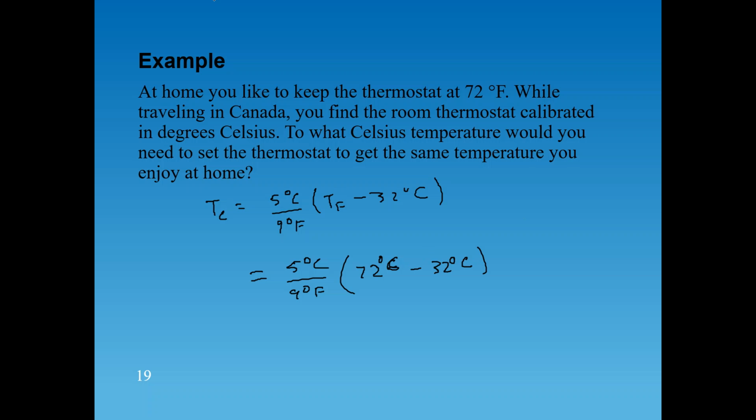Let me do the calculation on my calculator. So 72 minus 32 times 5 divided by 9. The answer I got is 24 degrees Celsius.